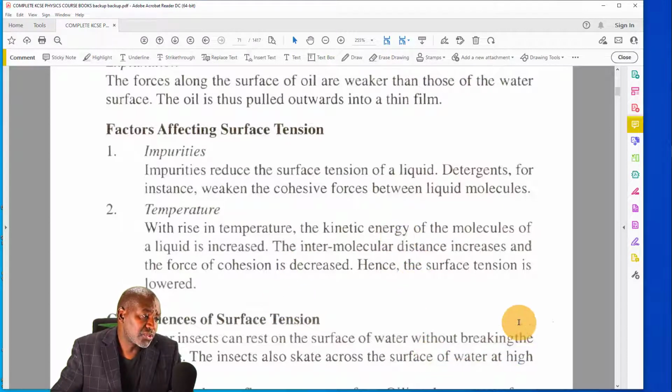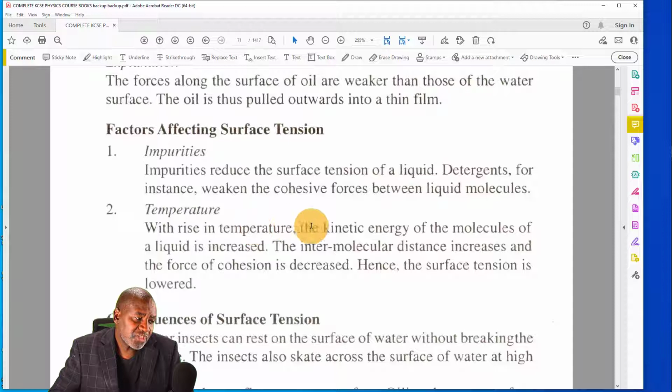Presence of impurities reduces surface tension, and that is the reason why we use detergents for washing clothes. Detergents, for instance, weaken the cohesive forces between liquid molecules, and the surface tension consequently is reduced.